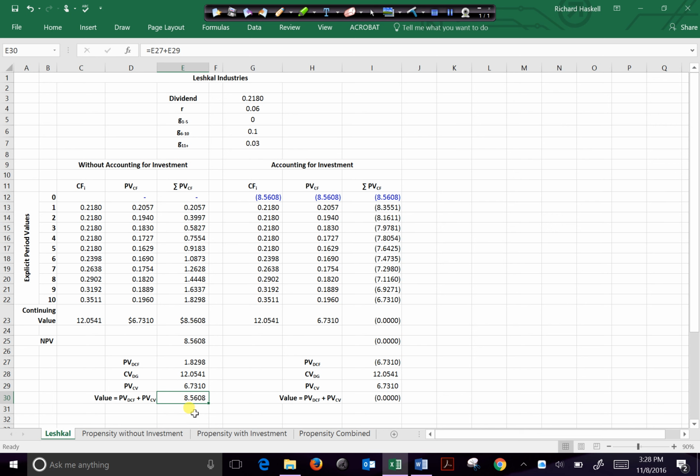I calculated it that way. So in the next set over here on the right, where I'm accounting for some kind of an investment, I've said, all right, what if I paid 8.5608 for this? So that money came out up front.